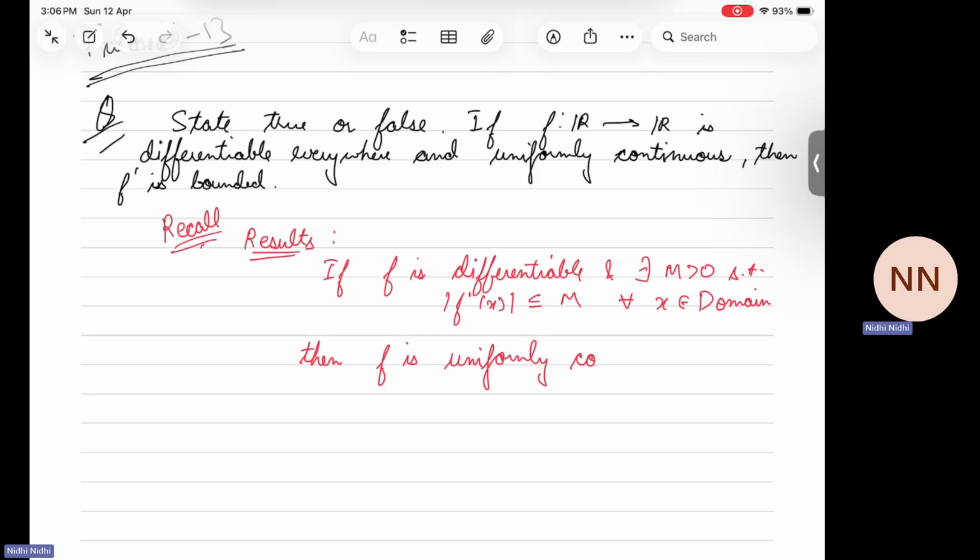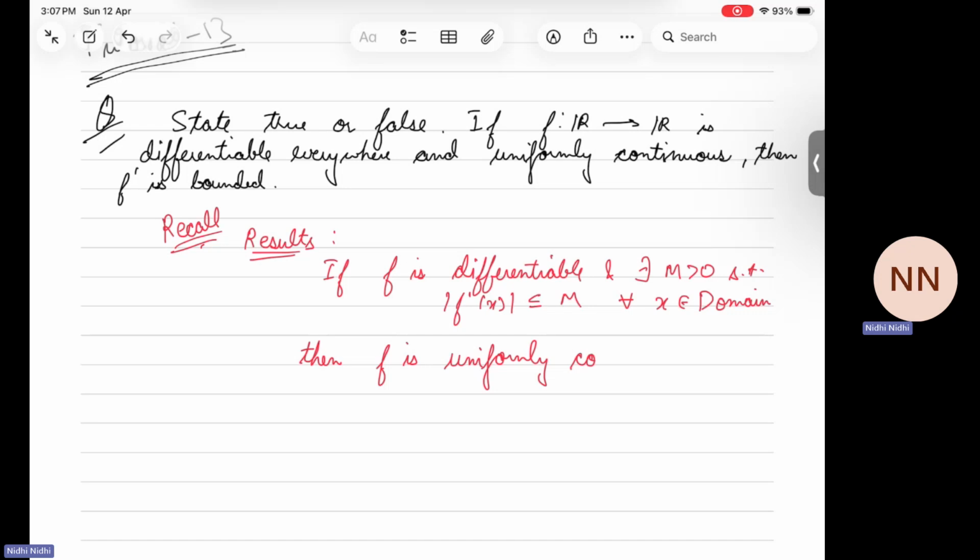But the fact is that the converse of this result does not hold, which is the statement of our problem. What does the converse say? Converse says that if f is differentiable and suppose it is uniformly continuous also, then the derivative must be bounded. That need not be true. Differentiable with bounded derivative implies uniformly continuous.